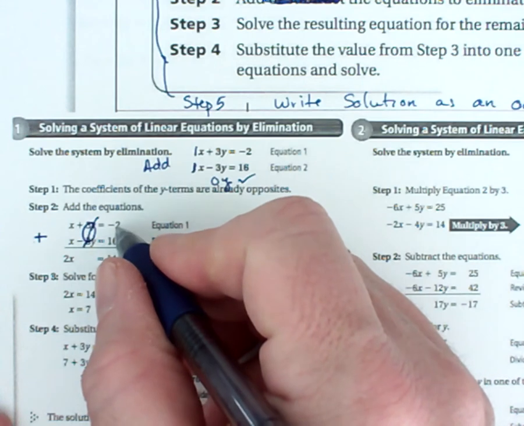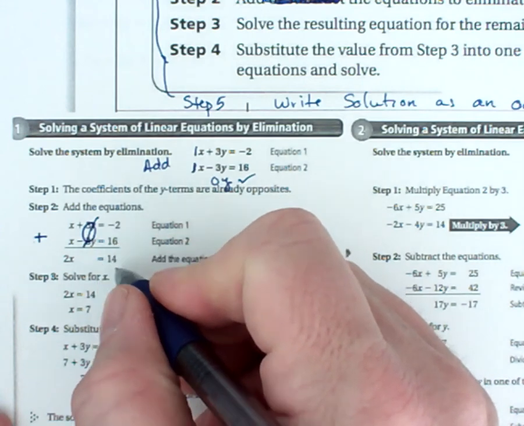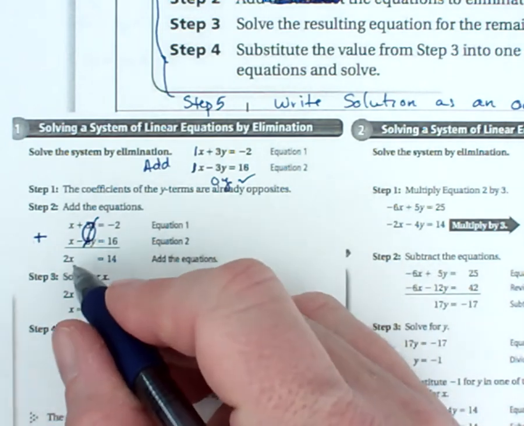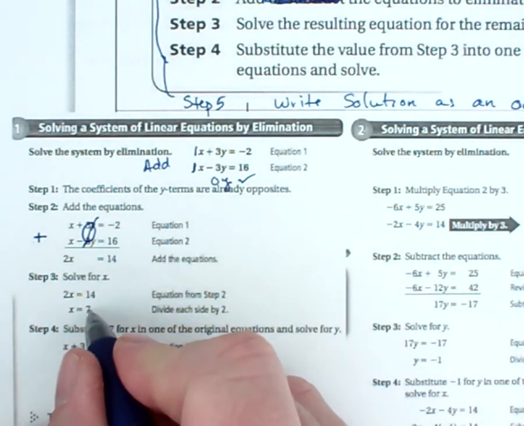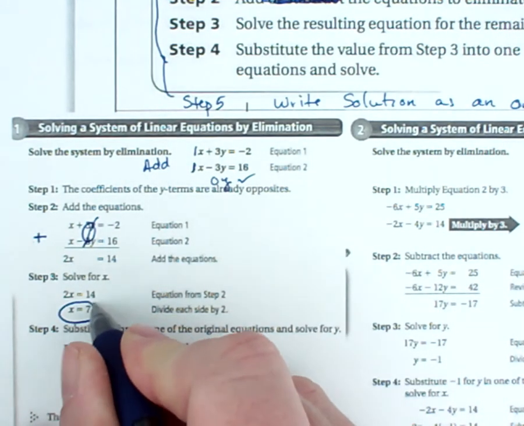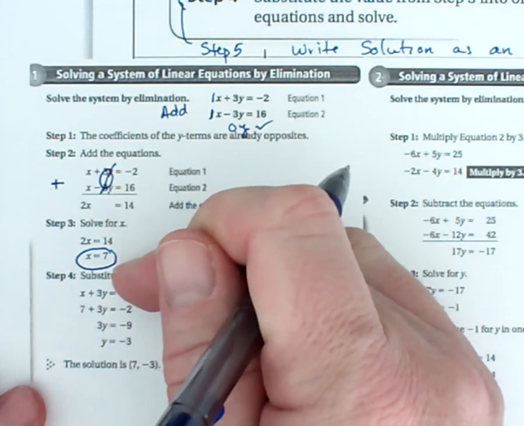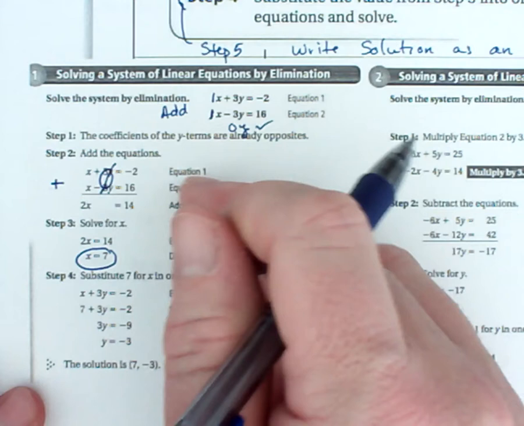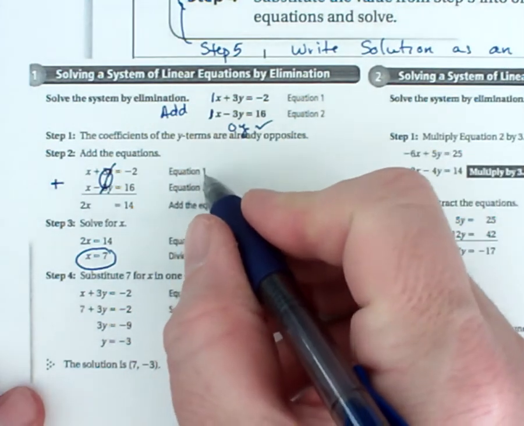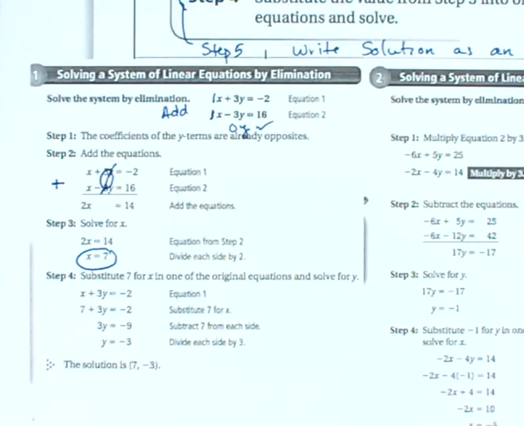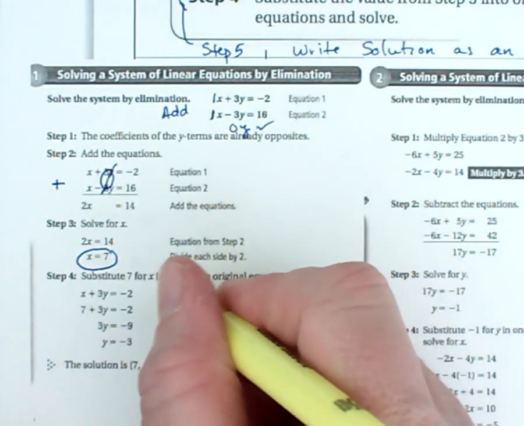On the right side, negative 2 plus 16 leaves you with 14. You can apply mental math. You know 2 times what is 14. You get your answer: x equals 7. Now, you found x. Go back and pick either equation, so either equation 1 or 2. In this example, they picked equation 1.